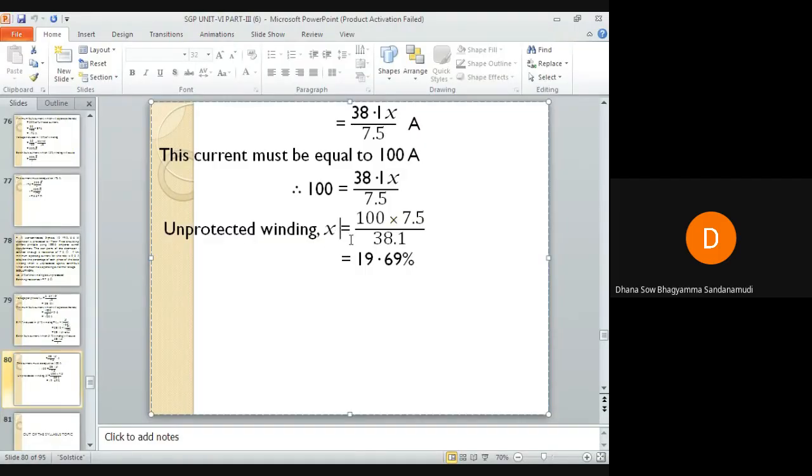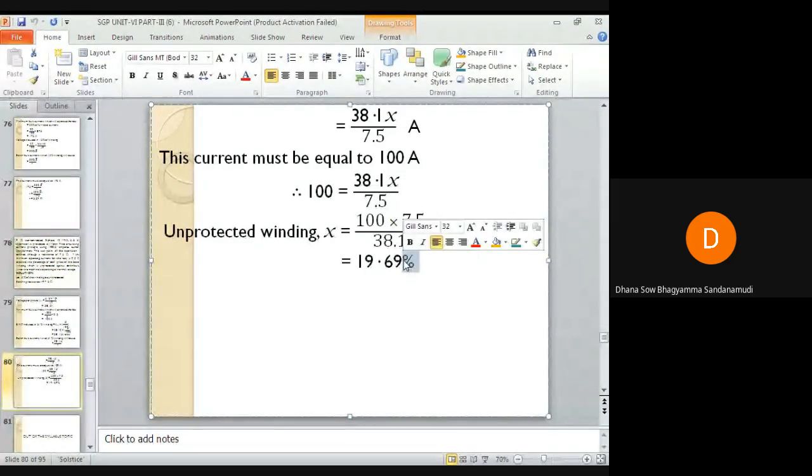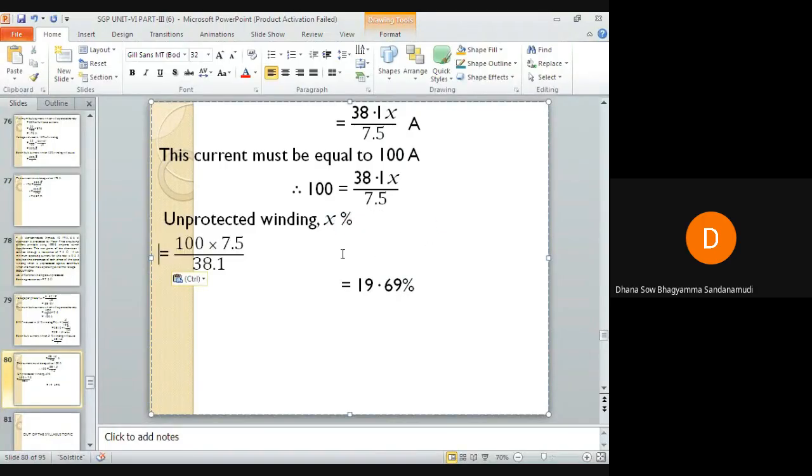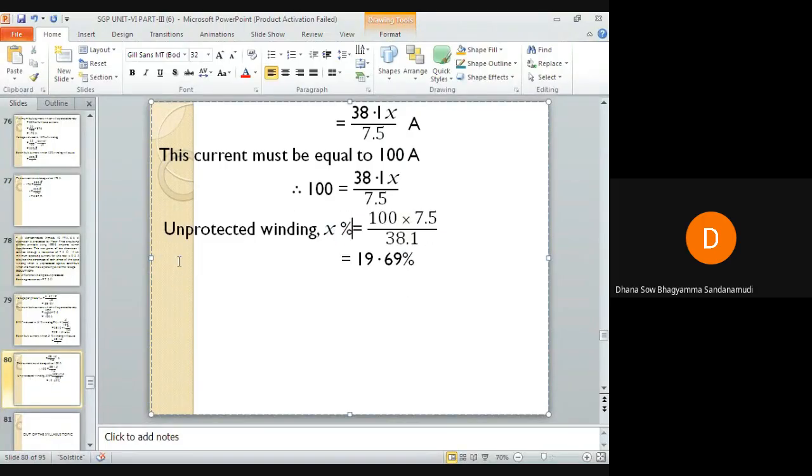Here I have not written percentage unprotected. So you just simplify it.